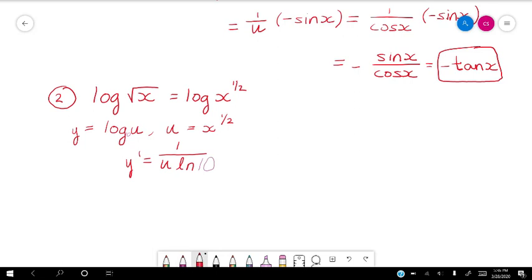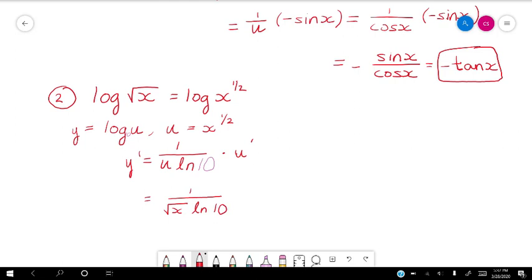And then we have du dx. So I can write it right there for now because that was kind of a lot. All right, so let's start making our substitutions. U, again, is, what are we calling u? X to the 1/2, or square root of x, times natural log of 10.